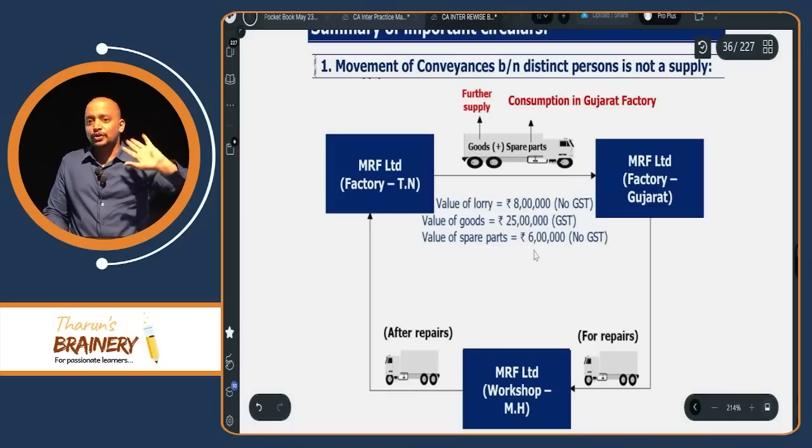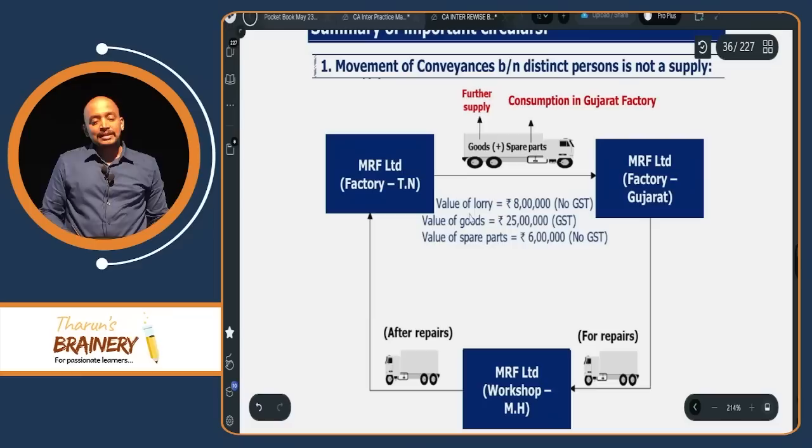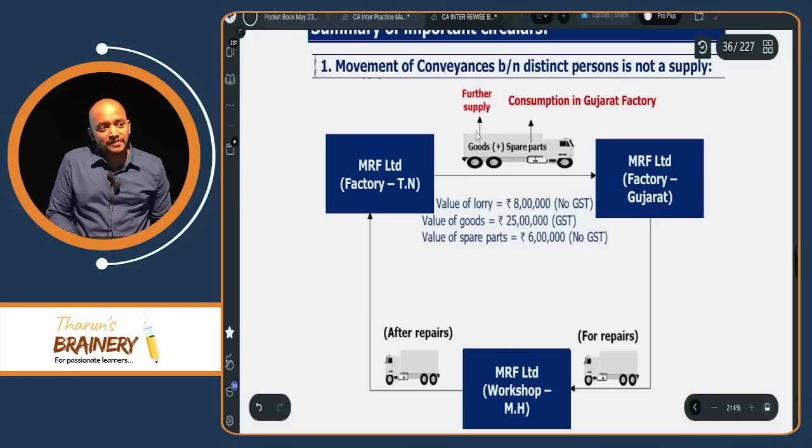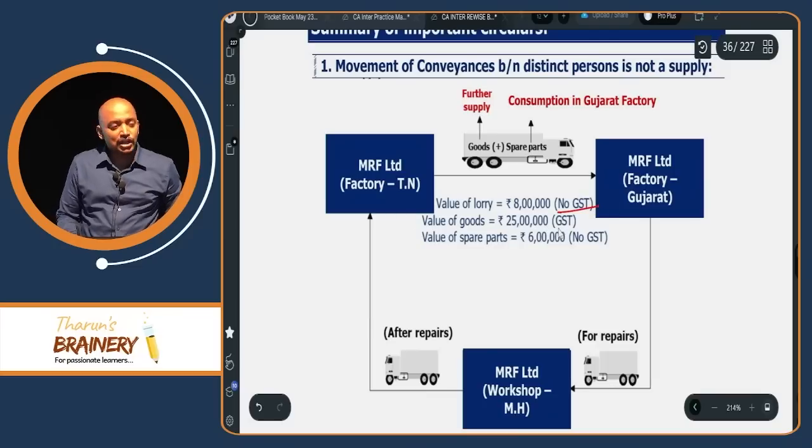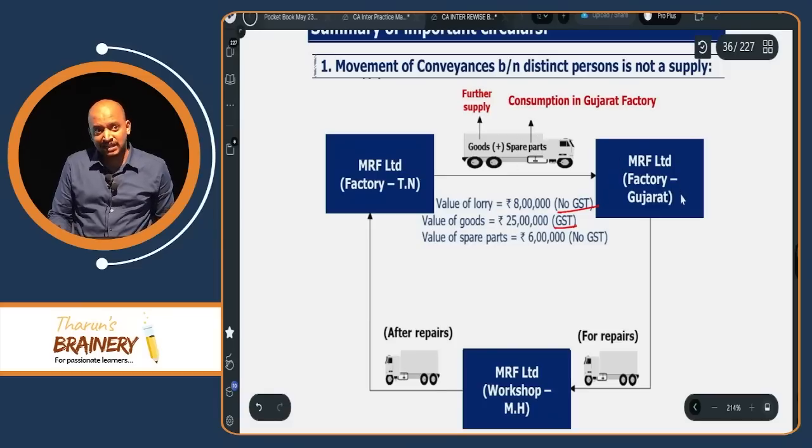So on that lorry we don't have to pay any GST. Then on the goods inside the lorry, do we need to pay GST? Yes. So on the lorry no GST, but on the goods inside the lorry GST is payable. But on the spare parts, whether these spare parts are for further sale in the Gujarat factory or for consumption in the Gujarat factory, on that also no GST.